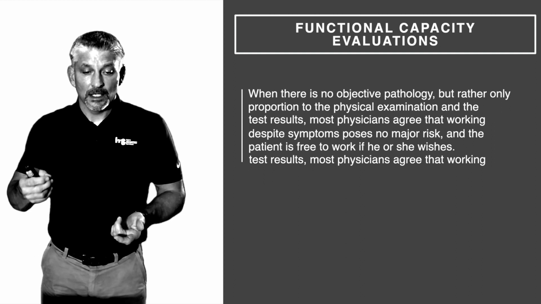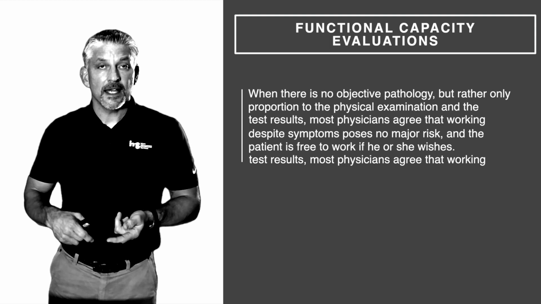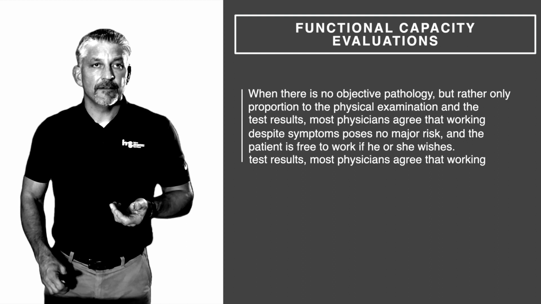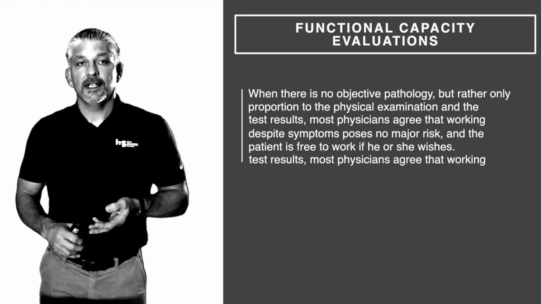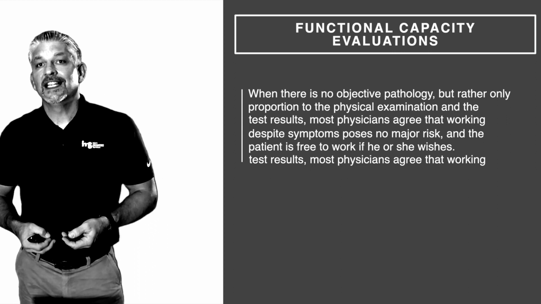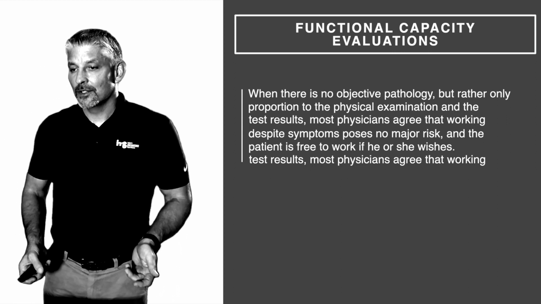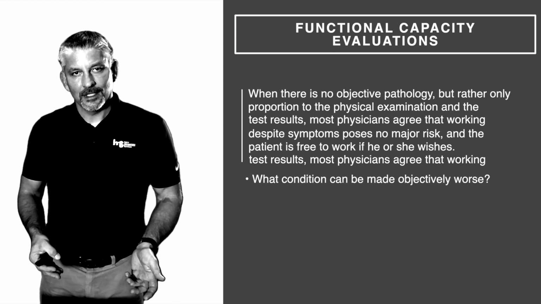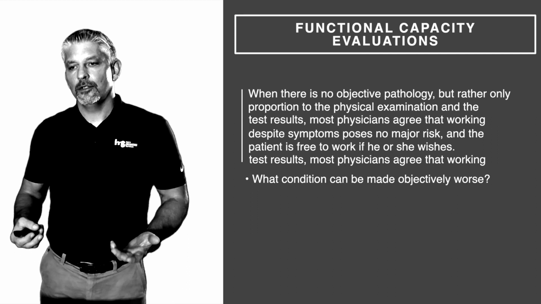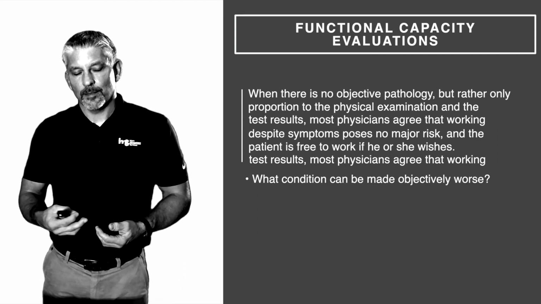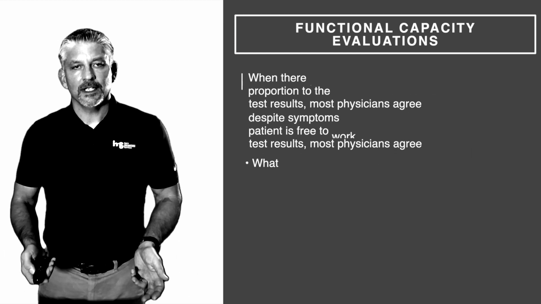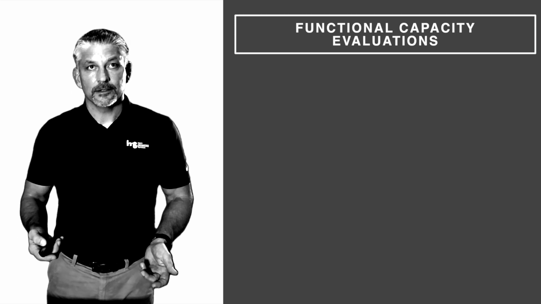If someone has low back pain, they've had MRIs, they had EMGs, they're negative, there's no objective findings, there's nothing that they can find to substantiate the claims, then the question is, what condition can be made worse from doing the activity? So how can you do a work restriction that's based upon substantial harm when there's no condition that anyone can find that can make the condition worse?